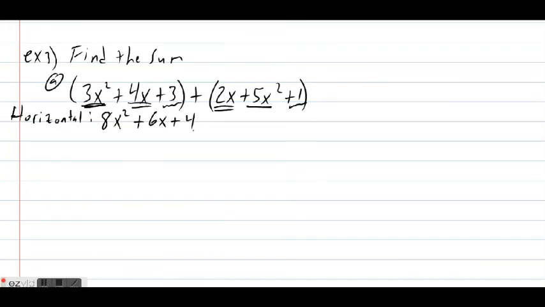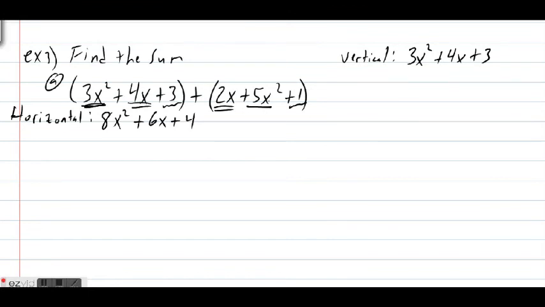A vertical method, just like the way it sounds. So vertical, exactly the way it sounds. We stack them on top of each other. 3x squared plus 4x plus 3. Now I take the second trinomial and I want to keep like terms together. So I'm going to keep everything in columns.